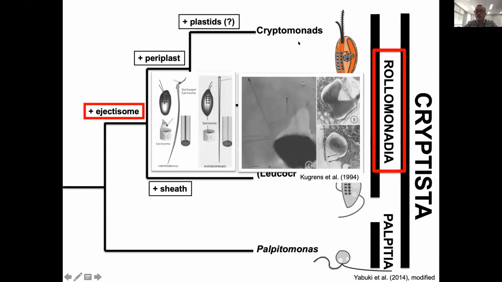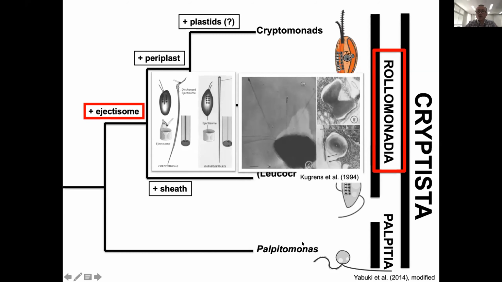Cryptomonads, goniomonads, and katablepharids were collectively called Rollomonadia because these three subgroups have ejectosomes in common. An ejectosome is a ribbon-like coiled ejective organelle. This picture shows the discharged ejectosome. Palpitomonas does not have an ejectosome, so this characteristic was acquired at the common ancestor of Rollomonadia.